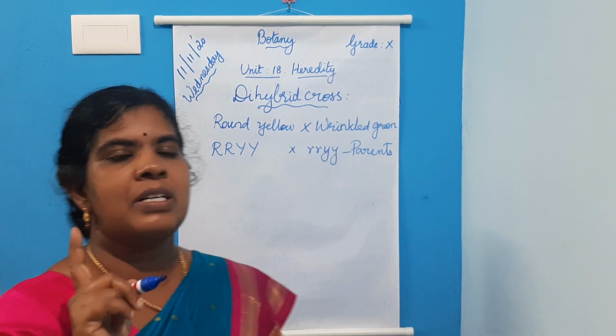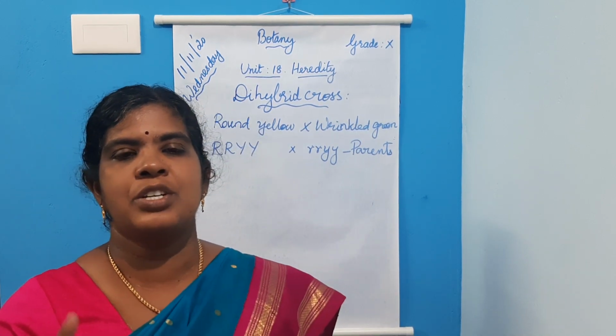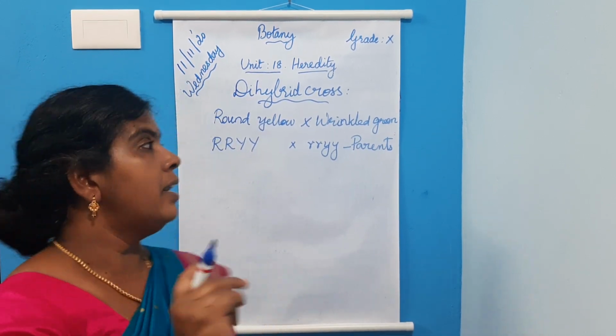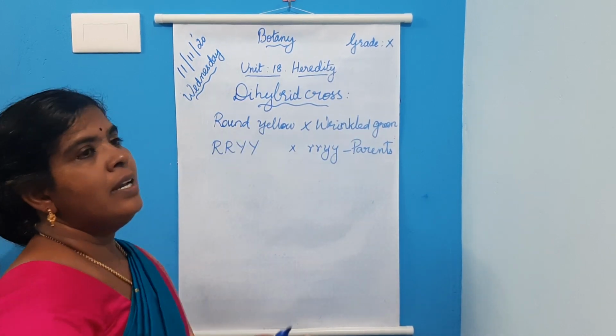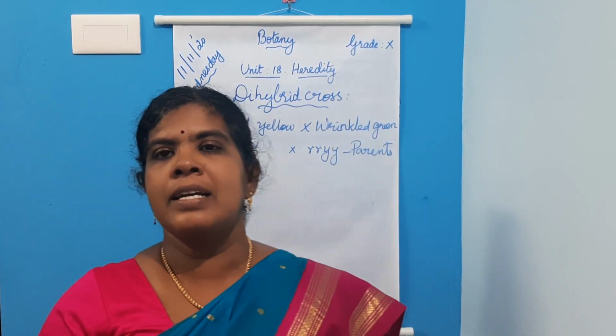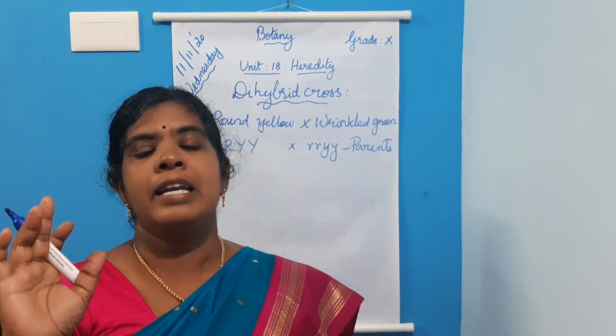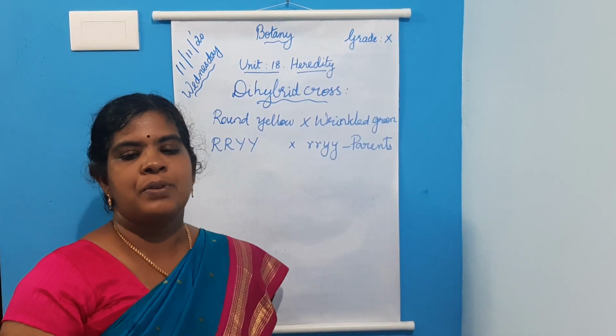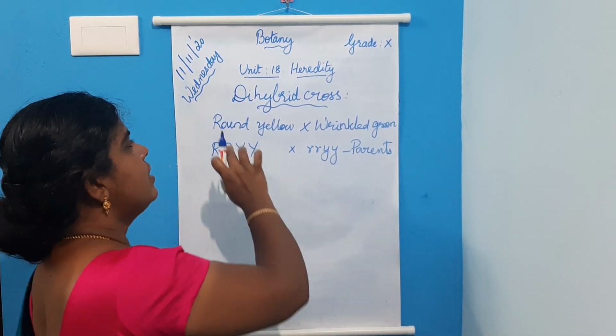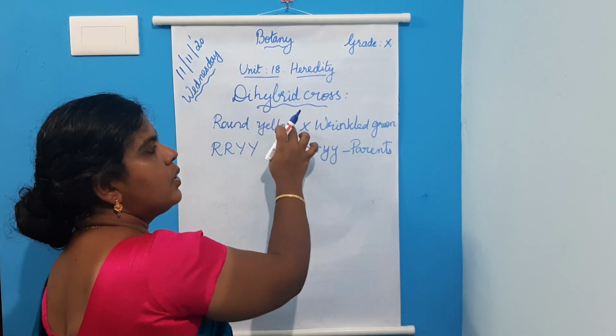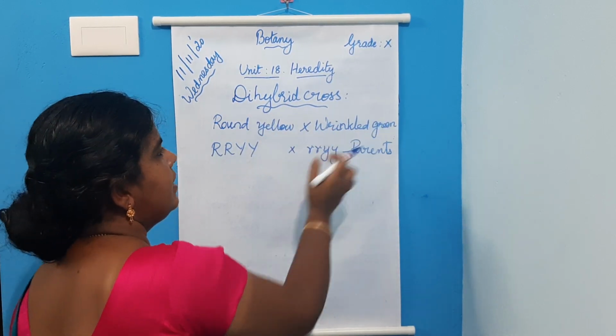What is F1? First generation. He found only round yellow seeds. No green wrinkled seeds appeared in the F1. So from this he concluded that the round yellow seeds are dominant over wrinkled green.